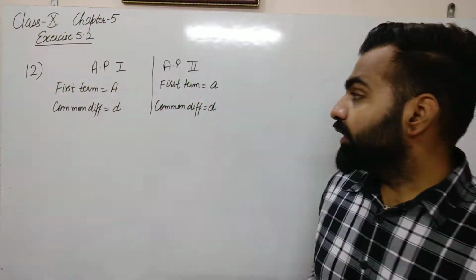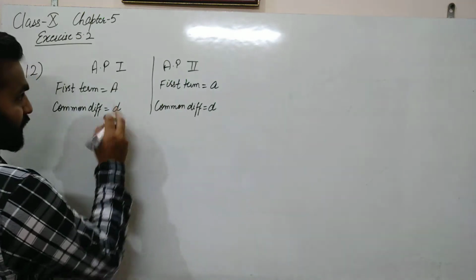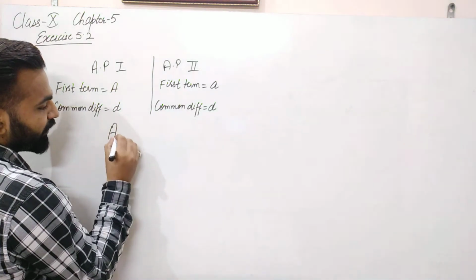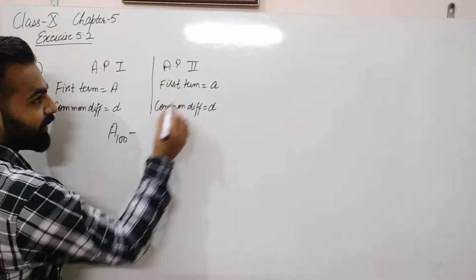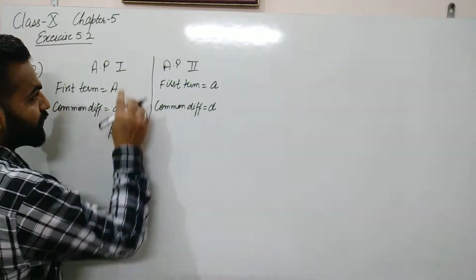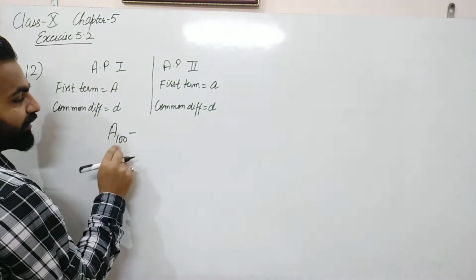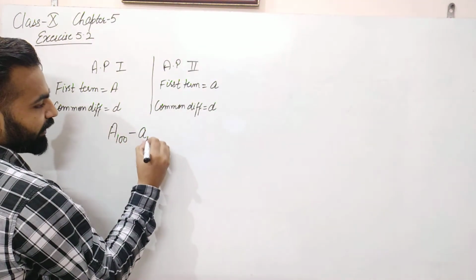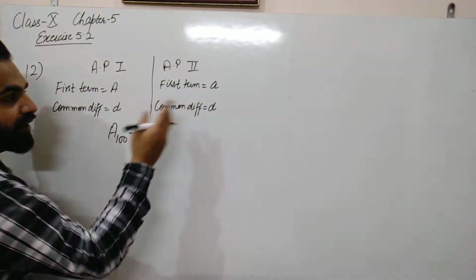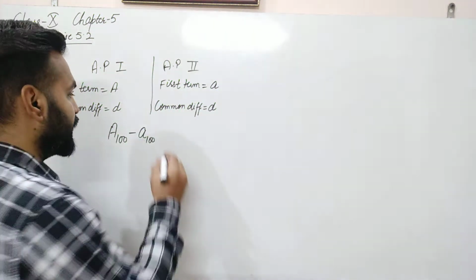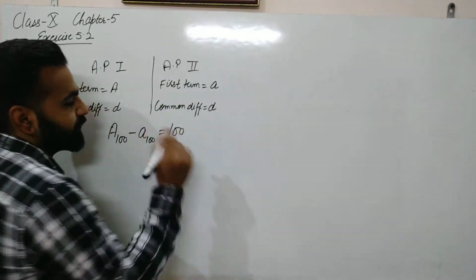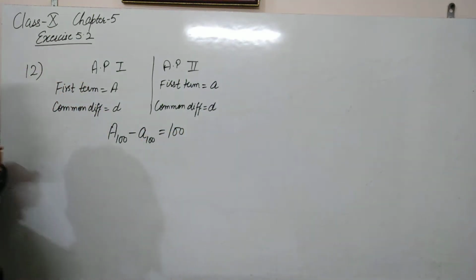Clear everyone? Now it is given that difference of their 100th term, that is A100 minus small a100, where capital A100 is the 100th term of first AP and small a100 is the 100th term of second AP, is equal to 100. Clear? So how can we write A100?